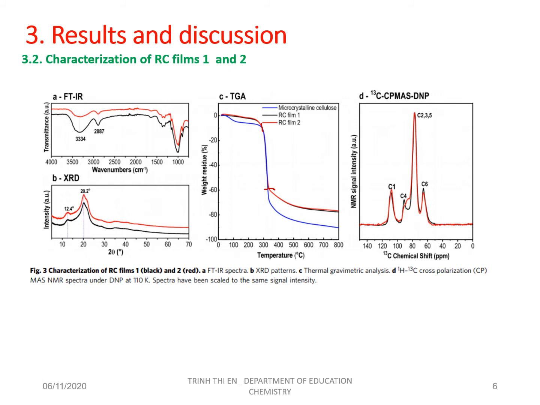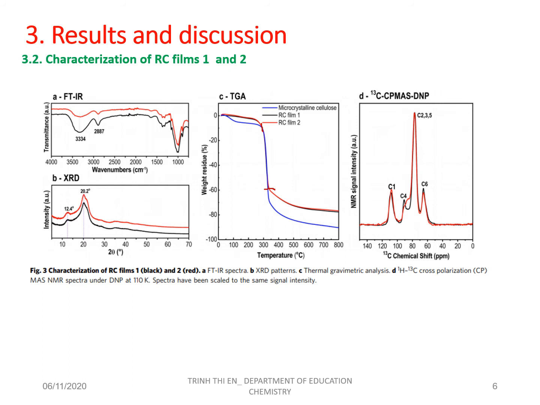And this is the spectrum of carbon-13 CP/MAS NMR. You can see no change in the main peaks, but carbon 4 has some difference.